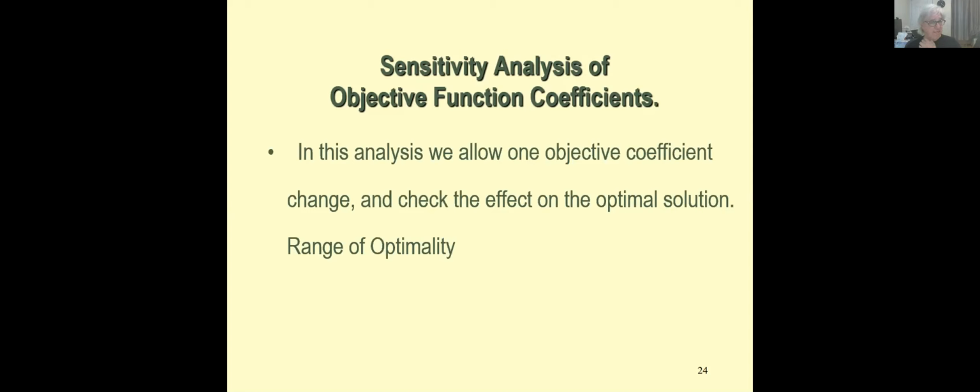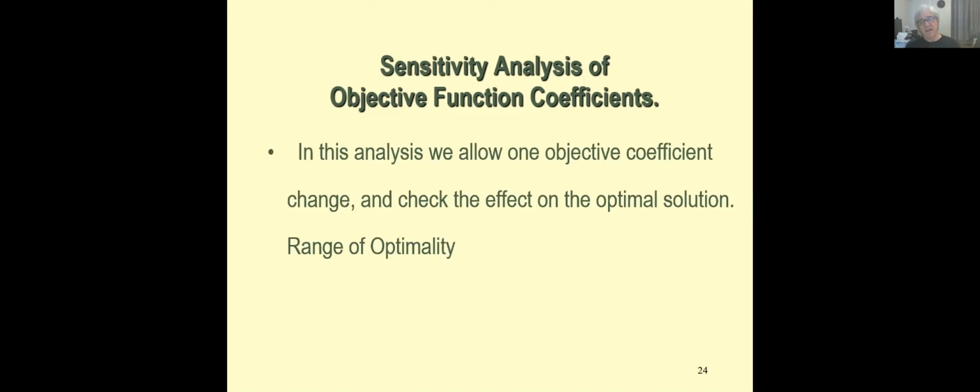In the sensitivity analysis that we are doing, and this is true for the objective as well as for the constraints, one parameter is allowed to change at a time. The rest of the parameters don't, because you want to isolate this parameter and see the effect that changes there are having on the optimal solution.